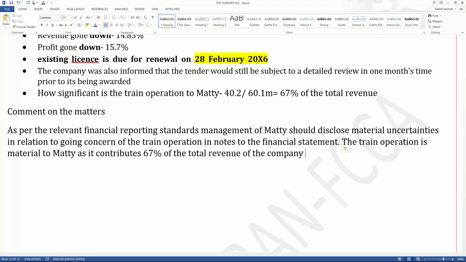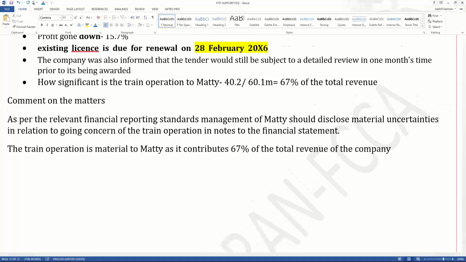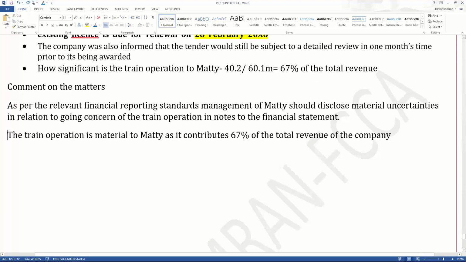So have we mentioned the materiality, that the train operation is material to METI as it contributes 67% of the total revenue of the company? Full stop. Have we commented on the materiality of the train operation to the company? And have we written the accounting treatment that as per IAS 1 or the relevant standard, they should give disclosures of the material uncertainties? Full stop, and you speak after.